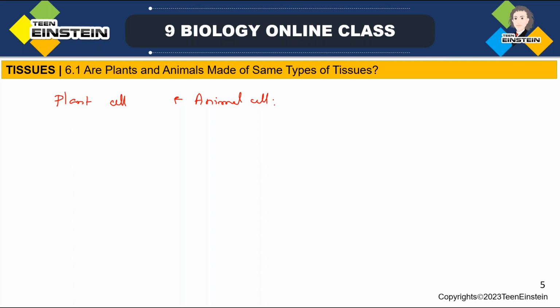So here you can see that structurally plants and animals are different. You know that they do not have the same structure. The structure of plants and animals is different, right?